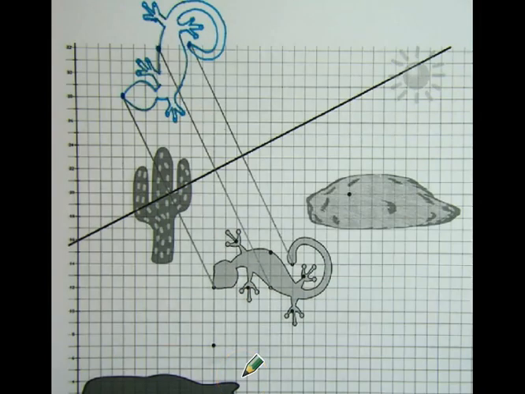After we have drawn the image and segments connecting the pre-image point to its corresponding image point, we can see some of the properties of reflection.